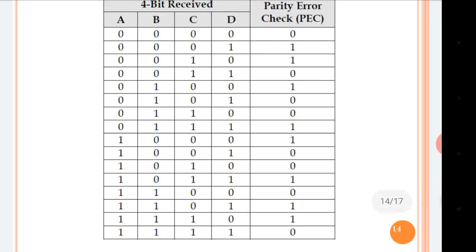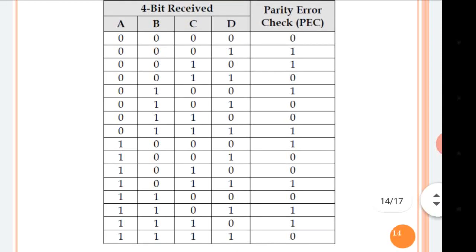In our previous example, we designed a circuit for even parity, right? The K-map was simplified for even parity data. That's why in the checker also, if the received data has even parity, then there is no error, so PEC is 0.